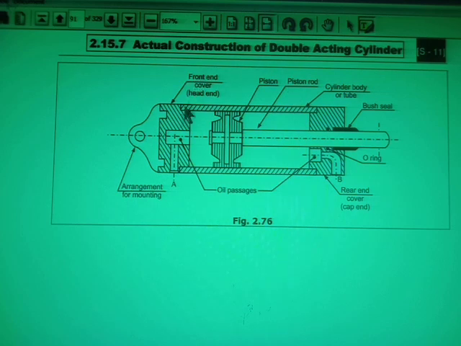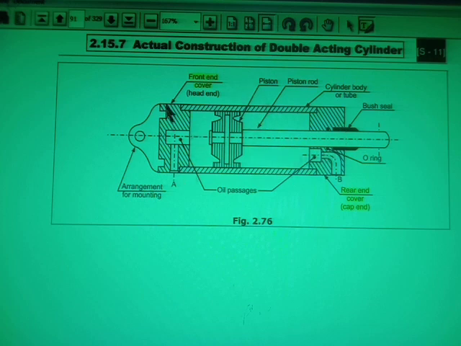This one is known as the front end cover, so this side is blocked by the front end cover, also known as the head end. Another part is attached here, known as the rear end cover or cap end. From here this end is provided, from there that end is provided, and now the cylinder is complete.